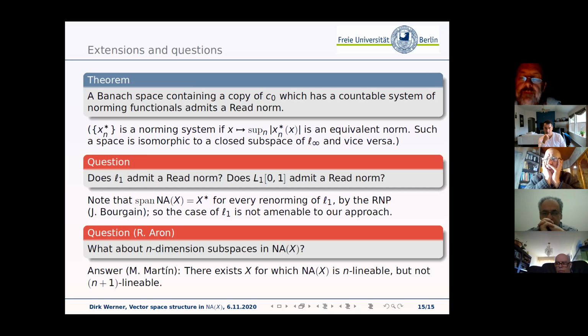It's plausible, but I cannot show it. Any information about this is, of course, welcome. Last thing: what I can show is that the predual X, or any predual X, is weakly sequentially complete, which is falling short of showing reflexivity, but this is a step in this direction.